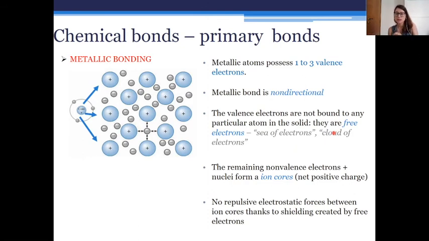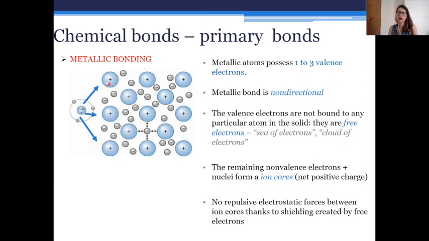So the metallic bond created between metallic elements will be non-directional, and we consider the core of the atom, which has a positive charge.